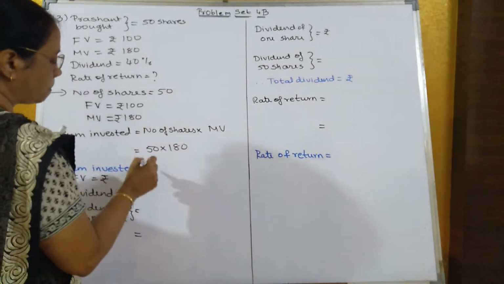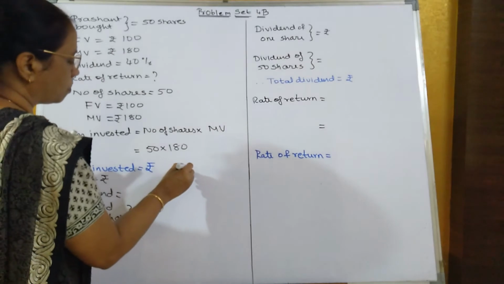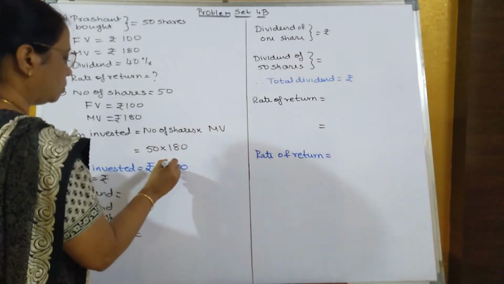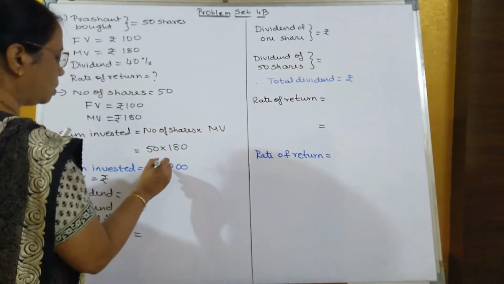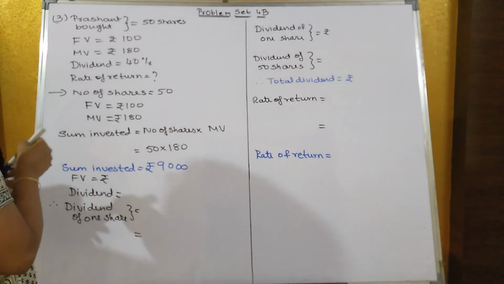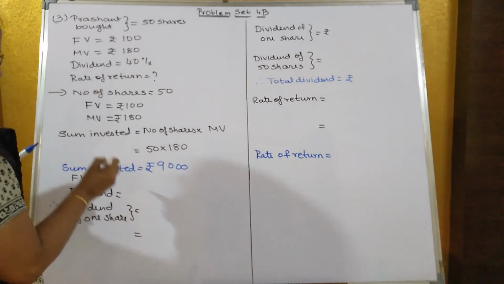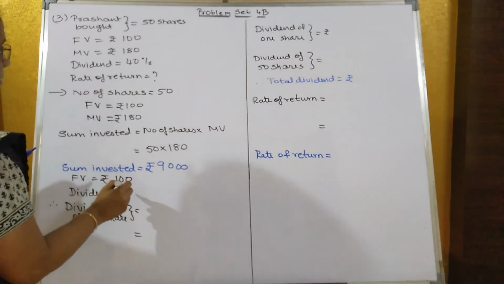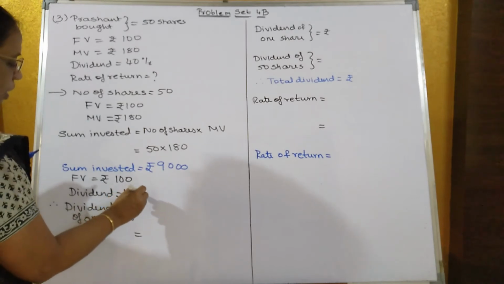So sum invested is equal to rupees 9,000. Now face value is rupees 100 and dividend is 40%.